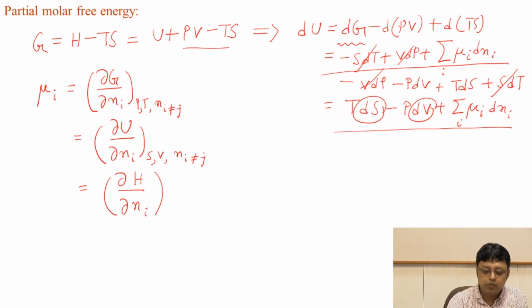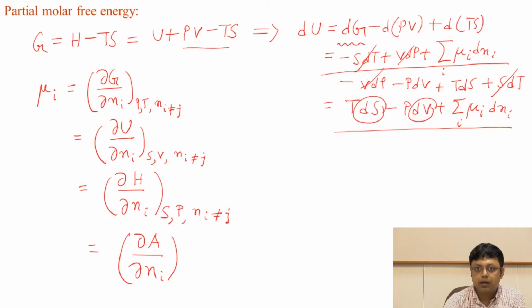So we have to keep entropy and pressure constant for H. Similarly, we could write it in terms of the Helmholtz free energy, del A del Ni, and for Helmholtz free energy, which involves SdT and PdV, the natural choice is to keep the volume and temperature constant and Nj constant for j not equal to i.